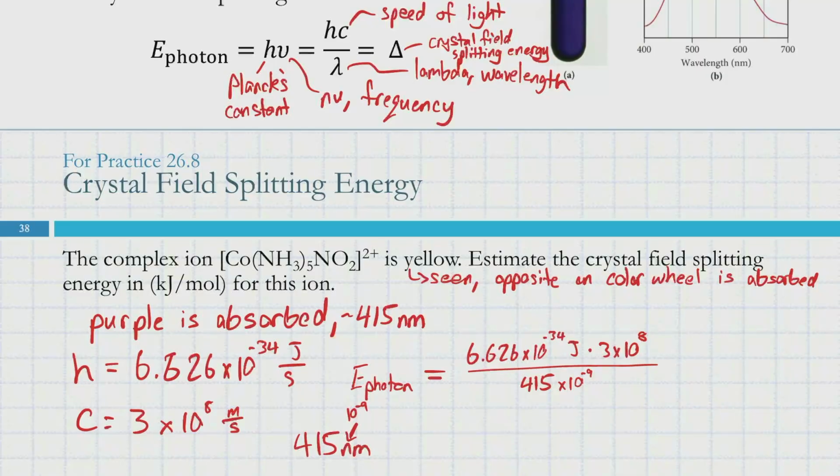We could put it in proper scientific notation, and that would also work. It'd be 4.15 times 10 to the minus 7. Or we can just do it this way, and our calculator will give us the same answer. That's the way that I did it, because I know my calculator is not going to make an error dealing with 415 times 10 to the minus 9, but I certainly could move the decimal 2 places over. I could do it wrong. I wouldn't put it past me.